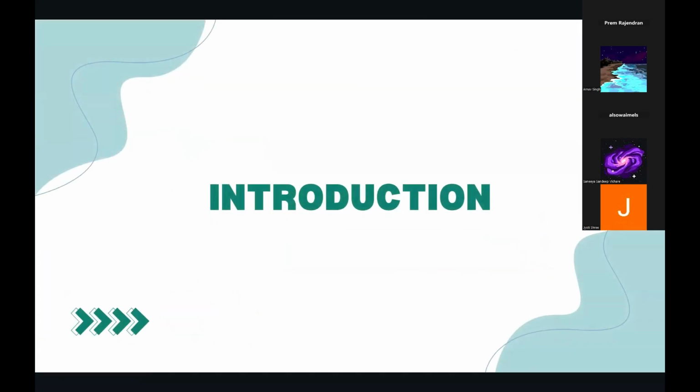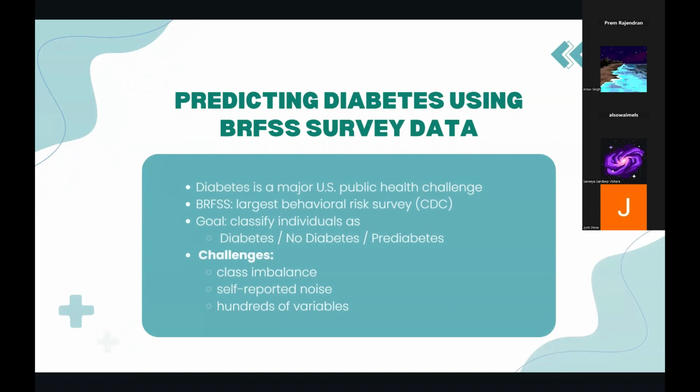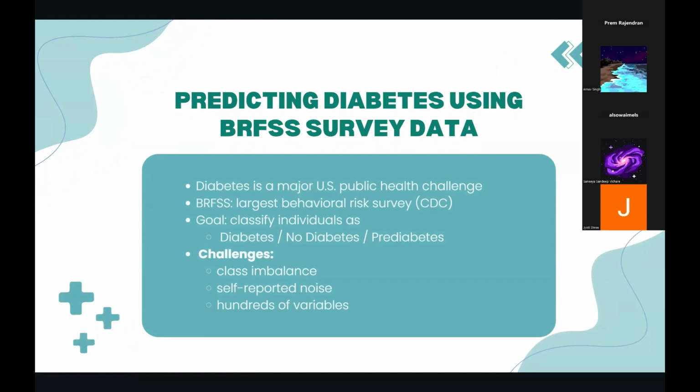For our introduction, our project focuses on predicting diabetes using the BRFSS dataset, which is the largest health survey in the US, and it includes demographics, lifestyle behaviors, and medical history. Our goal was to build machine learning models that classify people into diabetes, pre-diabetes, and no diabetes.